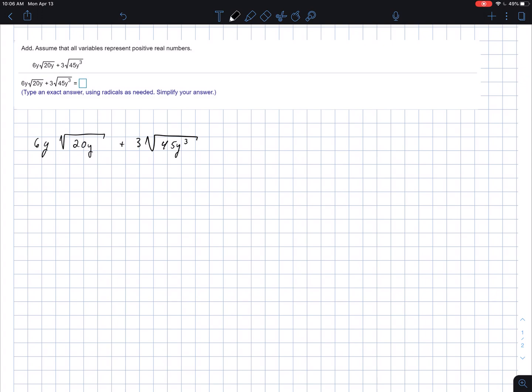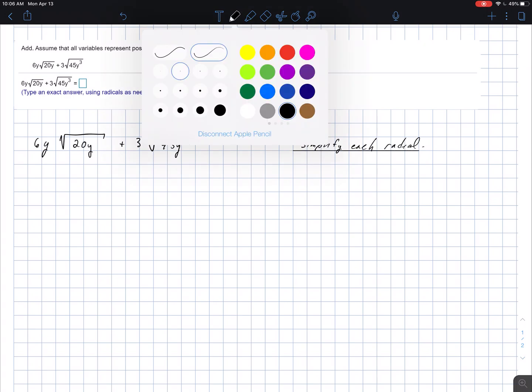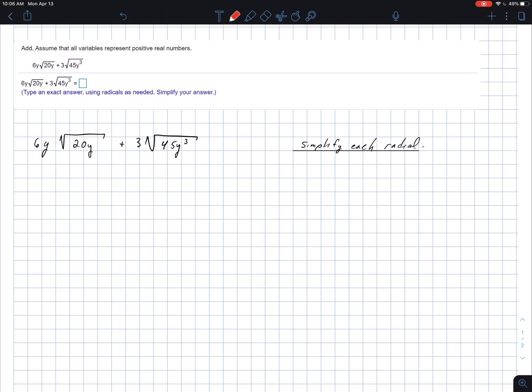Okay, so what I'm going to do is off to the side here, I'm going to simplify each radical. Or better yet, what's underneath the radical, the radicand. So the first one I'm going to do in red, and that's the square root of 20y. Well, that's easy.